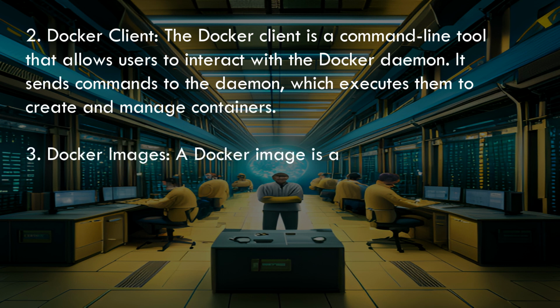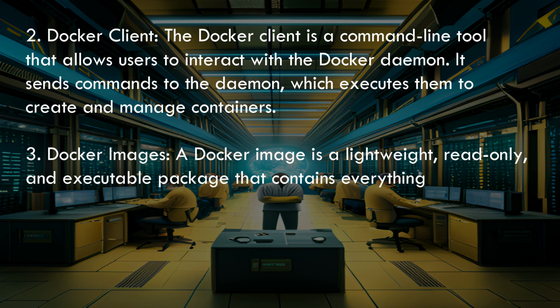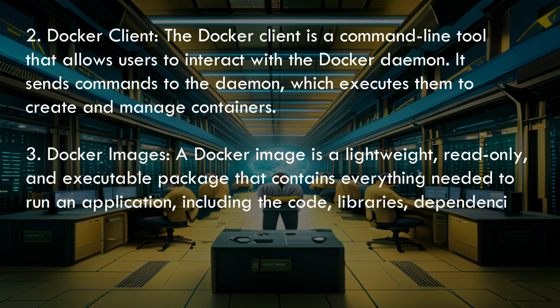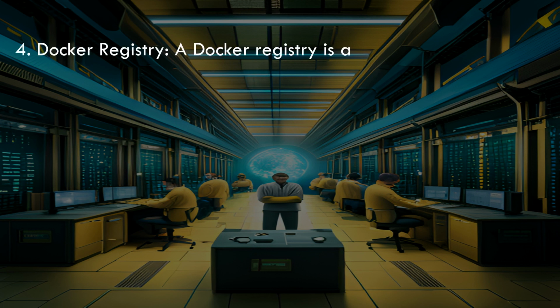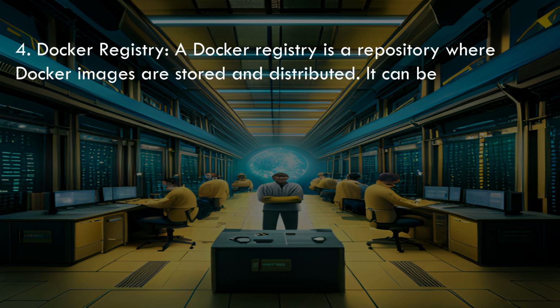3. Docker images. A Docker image is a lightweight, read-only, and executable package that contains everything needed to run an application, including the code, libraries, dependencies, and configuration files. 4. Docker registry. A Docker registry is a repository where Docker images are stored and distributed.